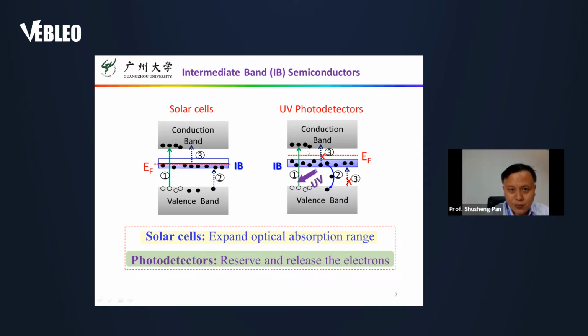Thus, the photoconductor has high photocurrent. Furthermore, the optical transition between the conduction band and the intermediate band is forbidden, which reduces the visible light response. UV photodetectors require visible light blindness or solar blindness.